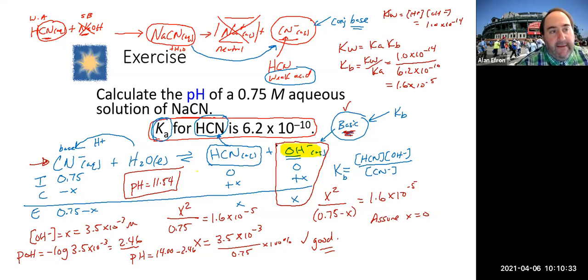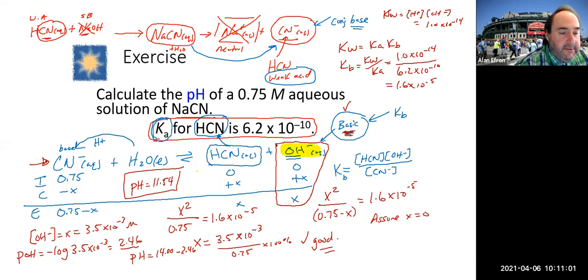So if writing these equations is difficult for you, make sure you practice them and know how to do them properly, because you could see how it could go really badly if you weren't able to write the equation and didn't understand what you were producing. If you wrote H3O plus, you would definitely get a different answer when it's all said and done, and you probably wouldn't have changed the Ka value as well. So it's really important to understand the relationship between those two things.